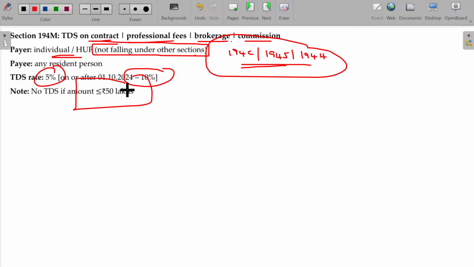Some grand marriage may be organized spending crores, where the contractor gets 5 crores or 10 crores as contract charges. For that, TDS is applicable. Hope you are now able to understand. Stating a personal purpose, you cannot escape, because the limit is very high, 50 lakhs and above. 5%, later on it is 10%.